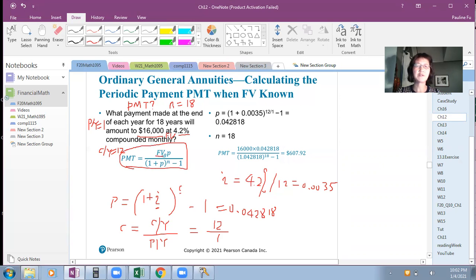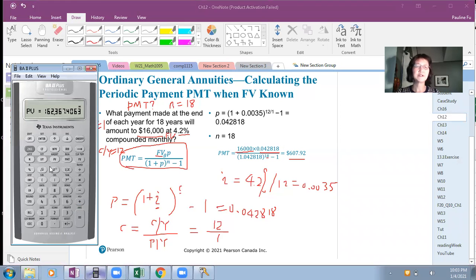So future value is given: 16,000 times P over 1 plus P raised to power n minus 1. And you get PMT, $607. Okay. So this is the formula method. Now, calculator method.